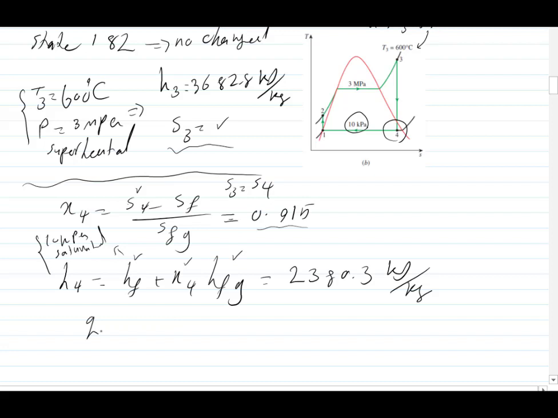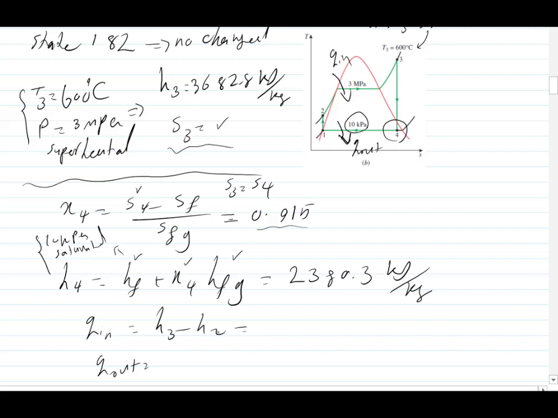Again, we need to calculate Q in and Q out for part B, with a similar procedure to part A. Q in is h3 minus h2, and this is the condenser Q out. H2 doesn't change, and h3 we have calculated here.